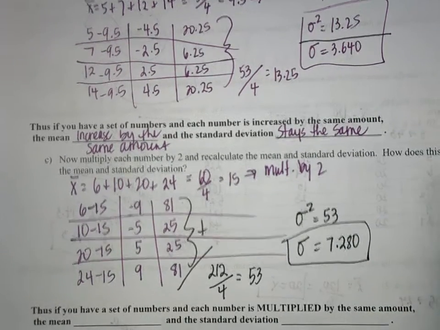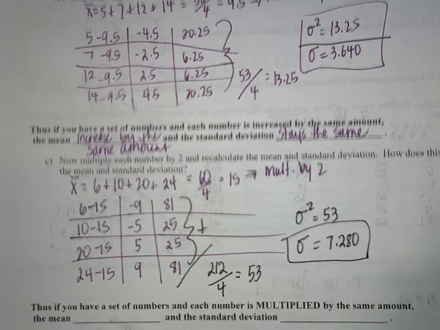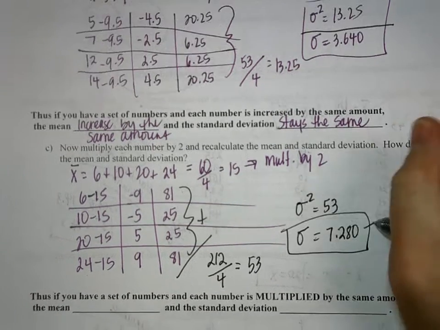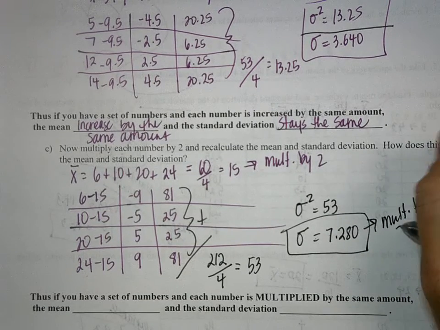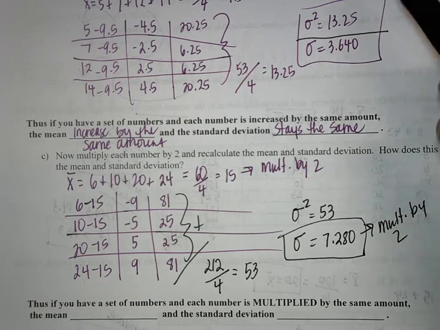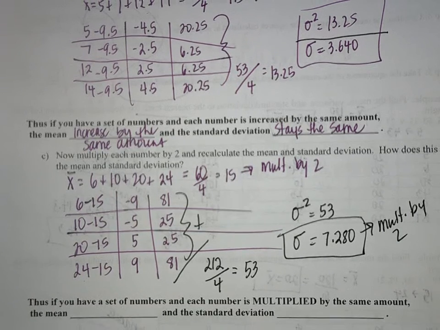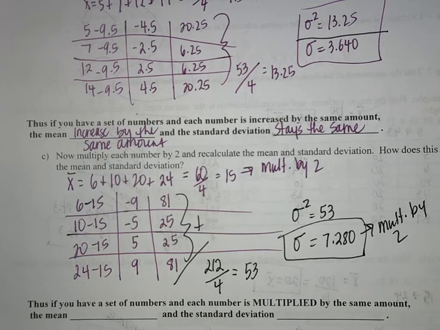Okay. If we go back and we're just looking at our standard deviation, how do those compare? This one also multiplied by 2. If you take 3.640 and you multiply it by 2, you get that number. Okay?